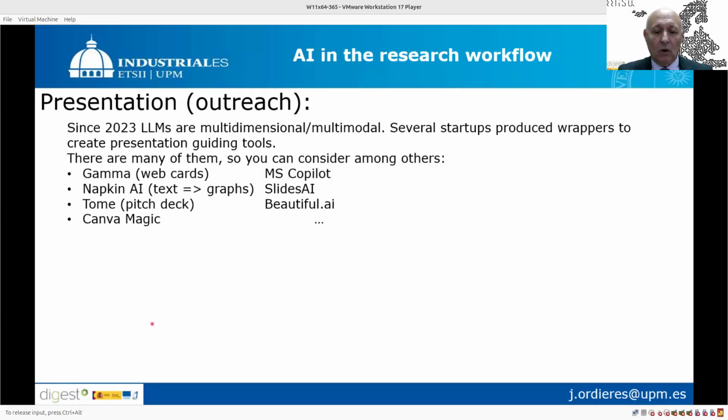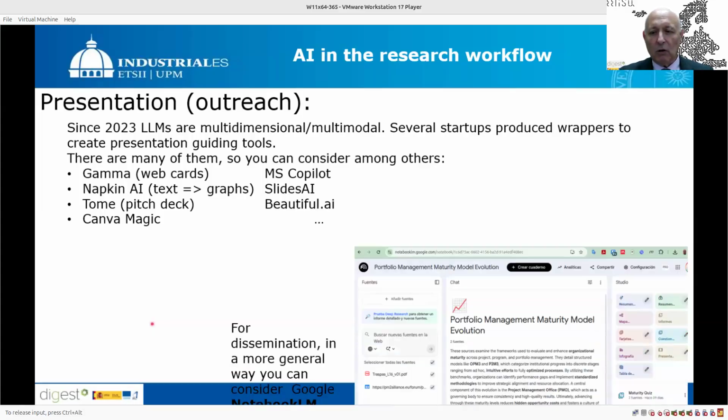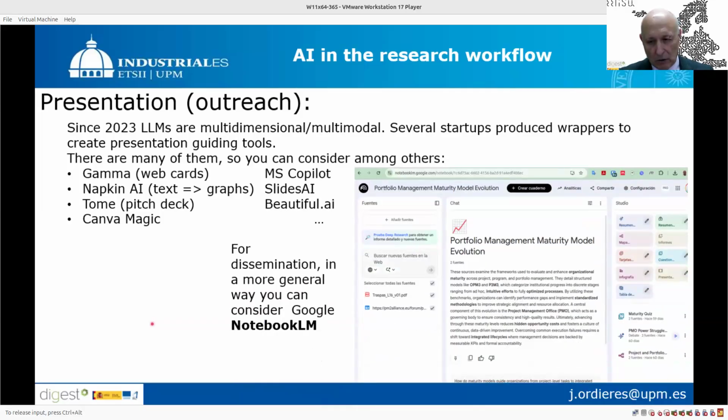I don't want to leave that part without presenting a specific tool named NotebookLM from Google, which is probably worth being aware of if you are not already.